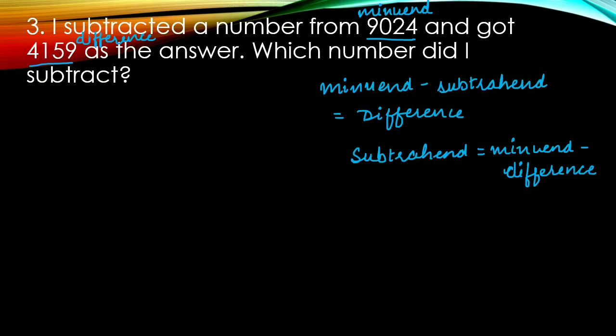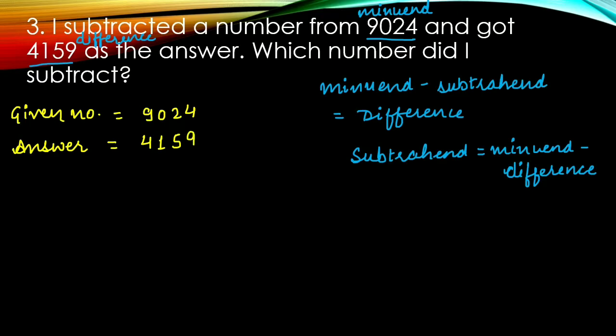So start the question now. Given number is equal to 9024. Answer is 4159.